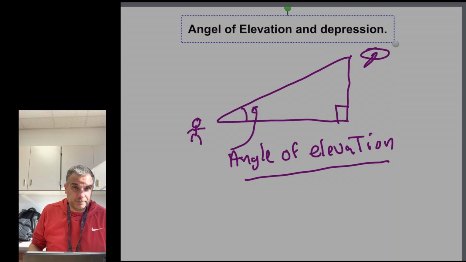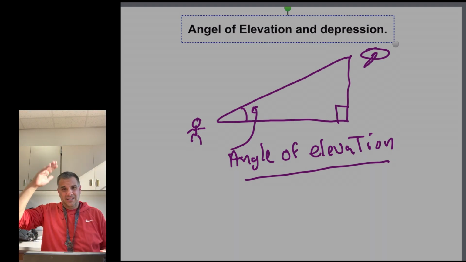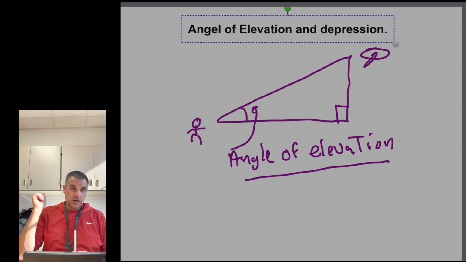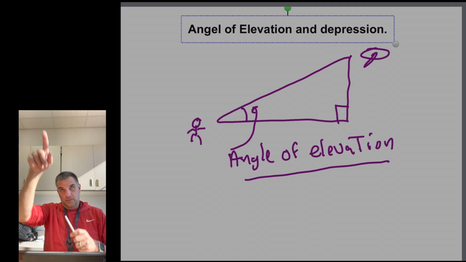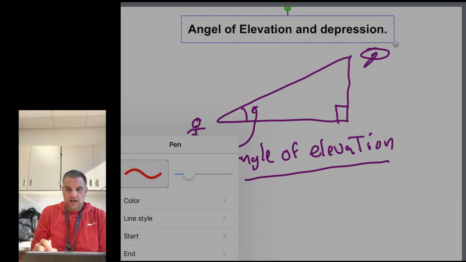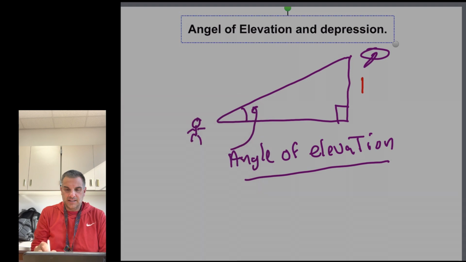There's a certain height that you're restricted to. But let's say you take your drone out and you're flying it across the field, and you're at a height of 100 feet. So the height of the drone from the ground is 100 feet.